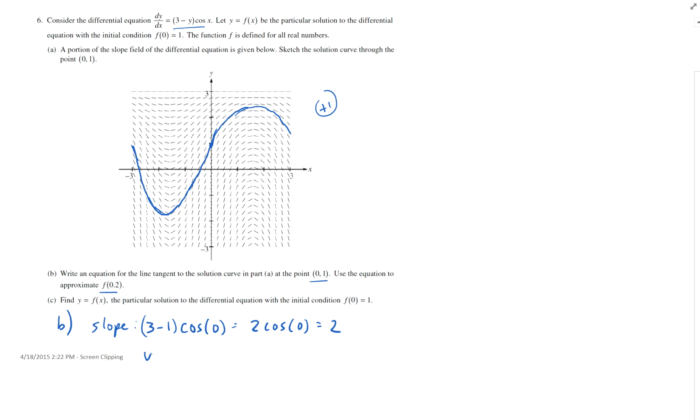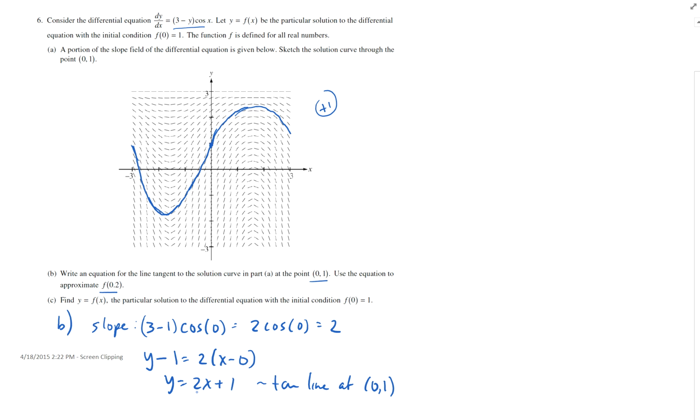So my tangent line is going to be y - 1 = 2(x - 0), or y = 2x + 1. So this is the tangent line at (0, 1).